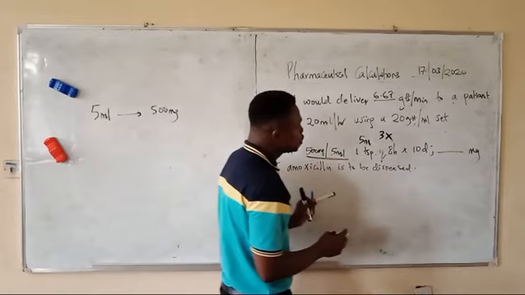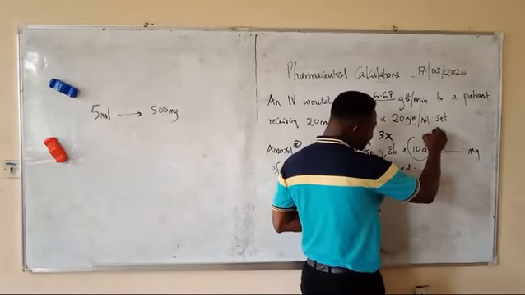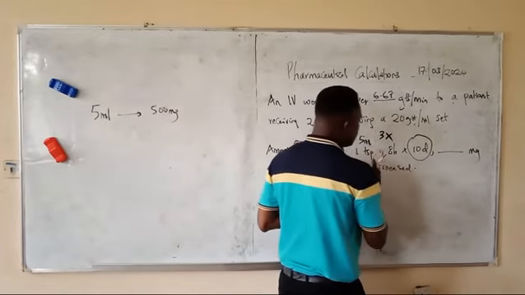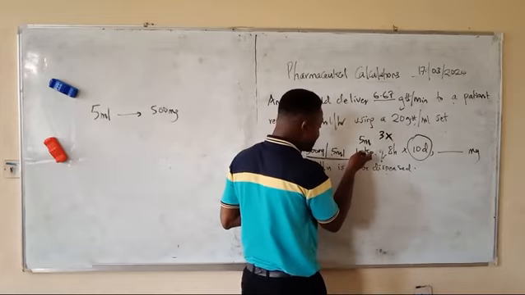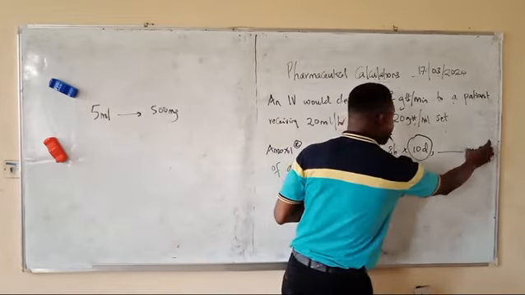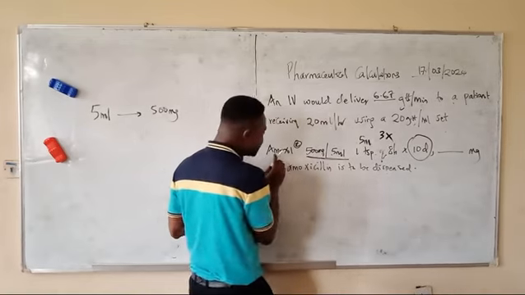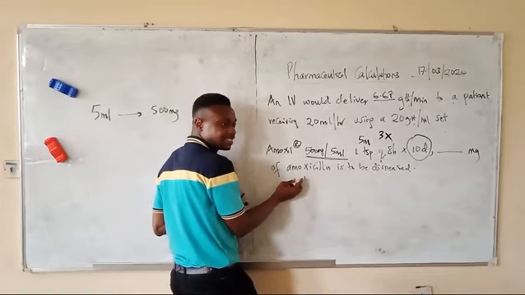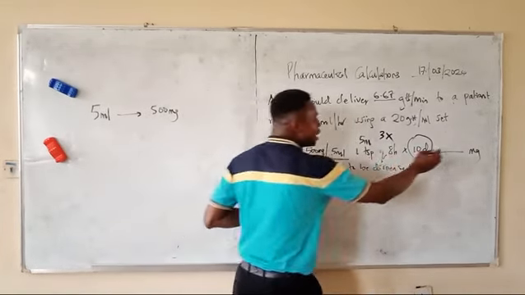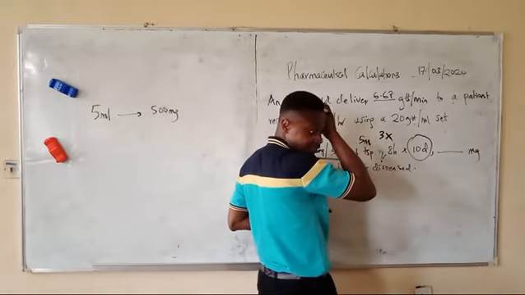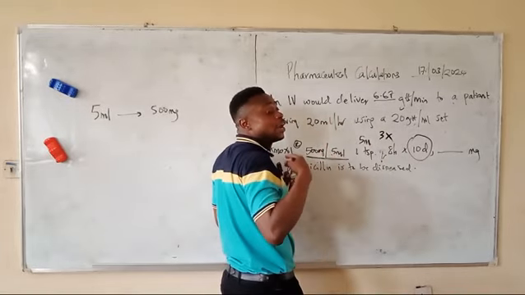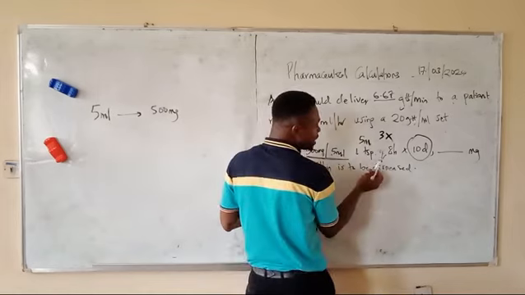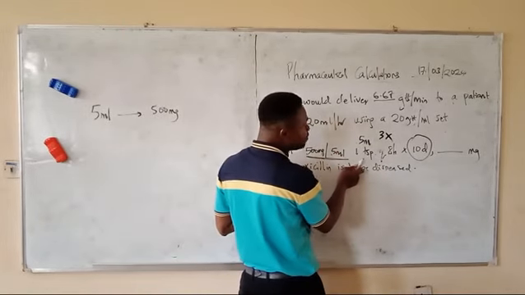But we are told the duration is how many days? 10 days. So we want to check how many ml, because the question asks how many milligrams of amoxicillin will be dispensed. That means the amount that will be enough for those 10 days. So let's calculate for 1 day. First of all, how many ml?